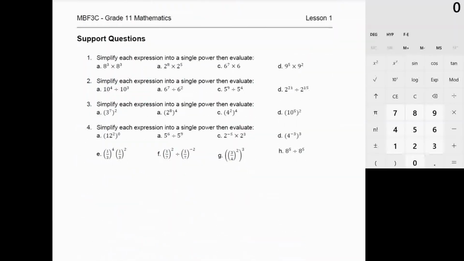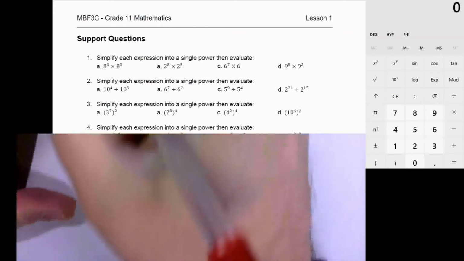Let's look at some of these questions here, and we'll complete a few. So simplify each expression into a single power, and then evaluate. So let me open up my camera. Let's do 1a.